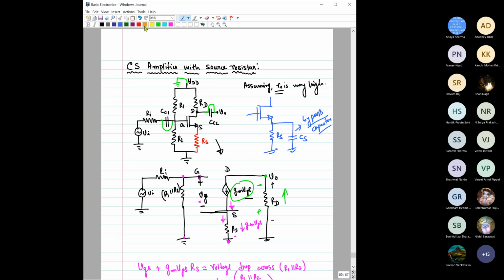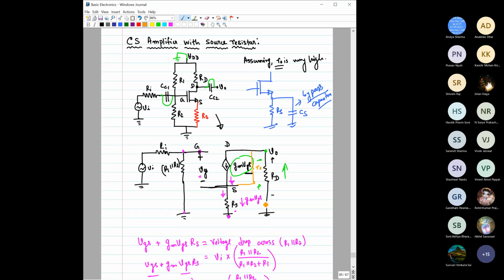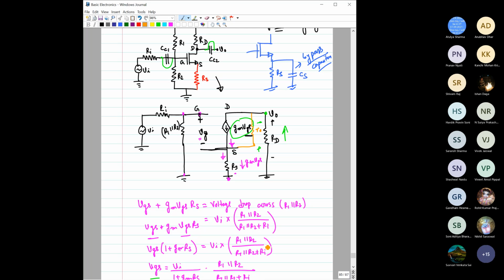So if you want to consider it, it would be somewhat like this. R naught would be connected with the source terminal, and the other terminal should not be grounded. So that way you cannot say R naught and RD are exactly parallel. So your analysis, these equations, would become a bit more complicated. That's all.